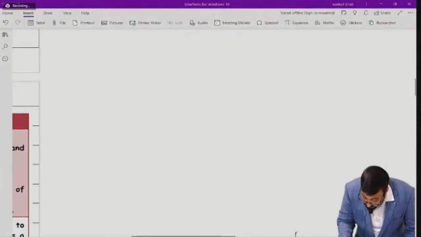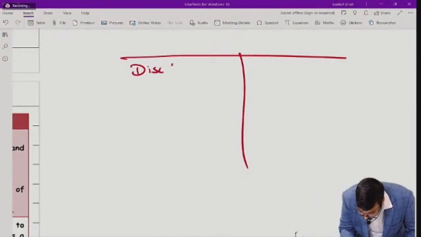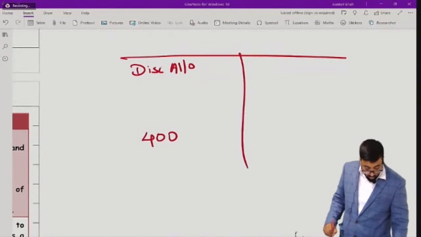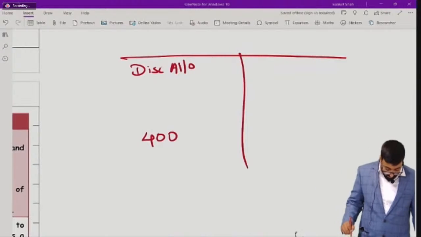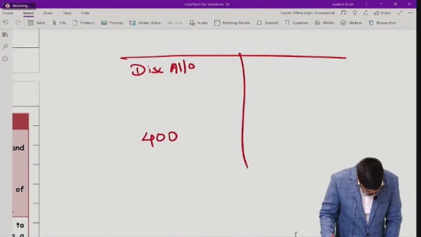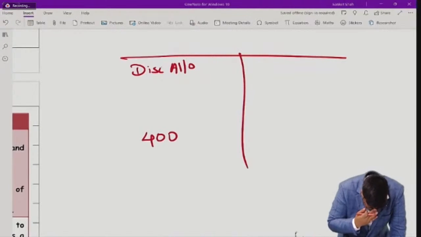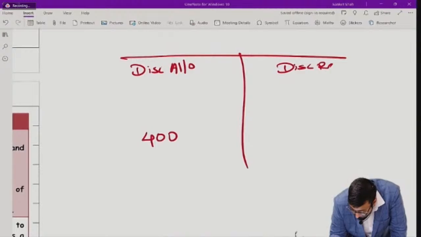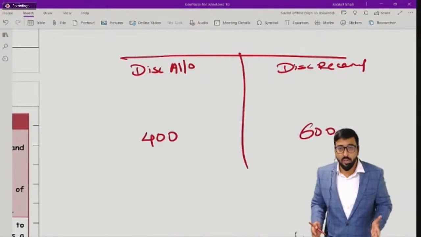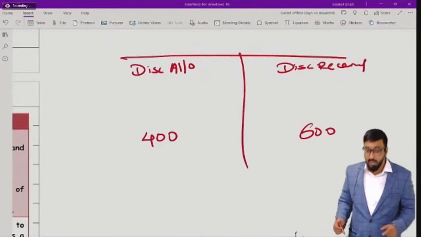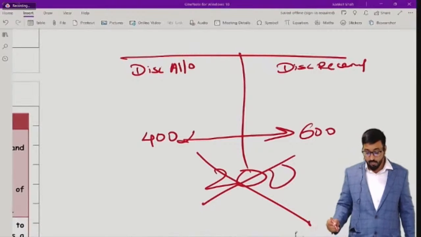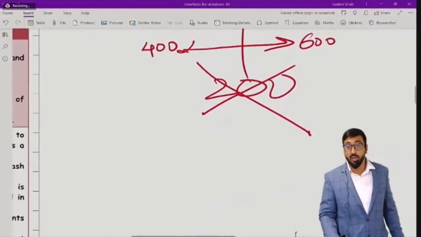The discount allowed column total is 400, and the discount received column total is 600. So you should not take the difference directly as 200. No, 200 is not allowed. Direct balancing is not allowed.